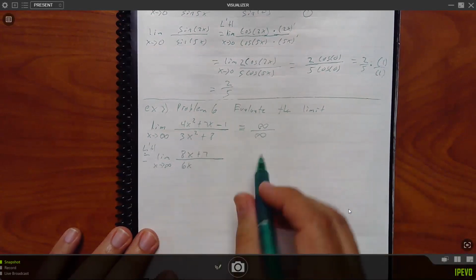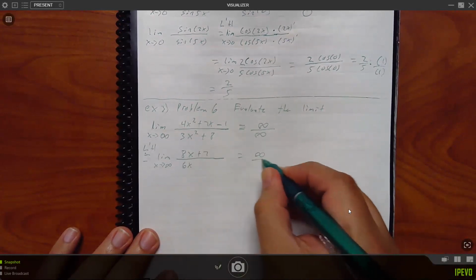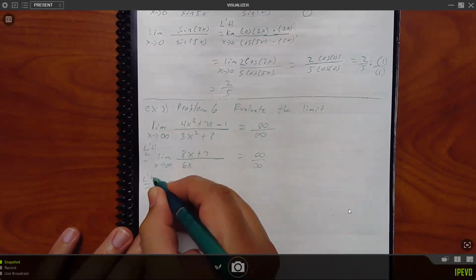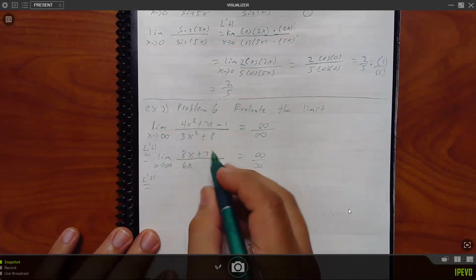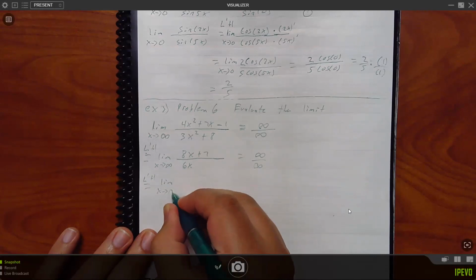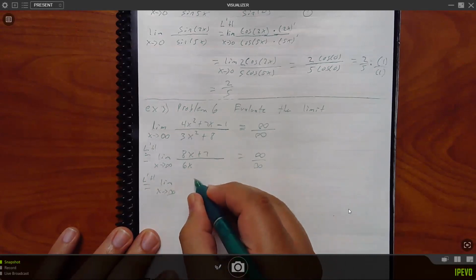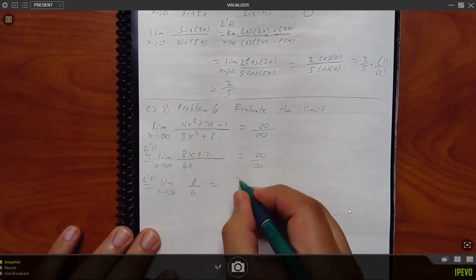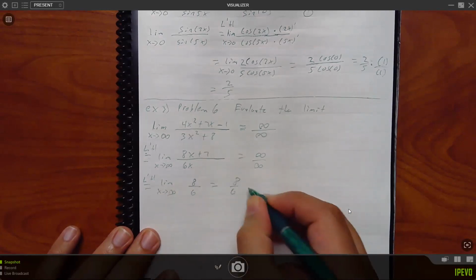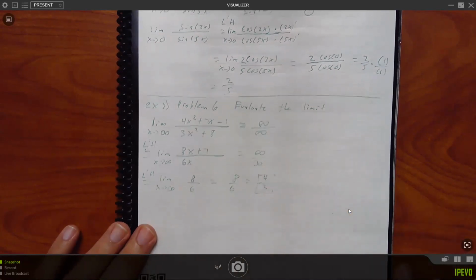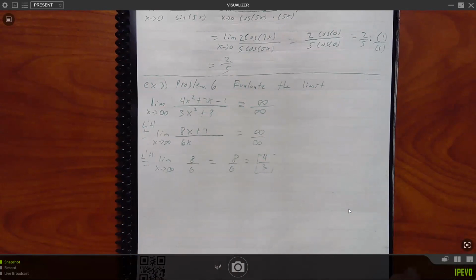But still technically infinity over infinity, so we'll do another L'Hopital. The derivative of this will be 8 over 6, since there's no more x's, which is 4 thirds. So you see how you can keep doing L'Hopital over and over again until you're able to take the limit.